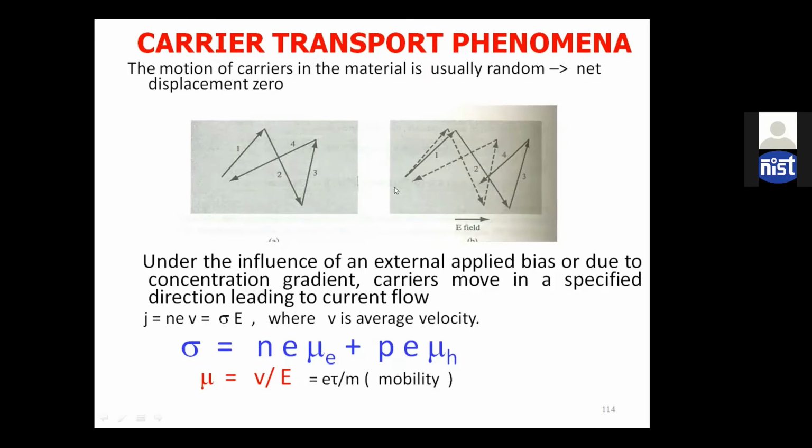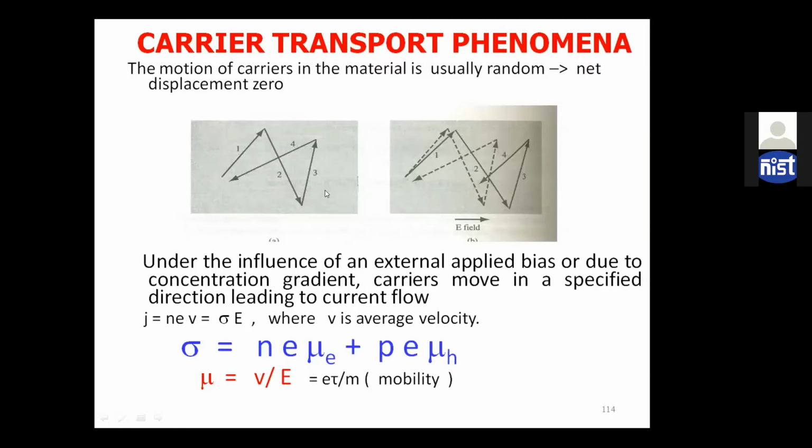So that's why we apply an electric field or magnetic field, or we can increase the temperature, or make a concentration gradient. There are different techniques through which we can get current density in a crystal, which is equal to n e v, that is the drift velocity, or sigma times E. That sigma, the conductivity, is n e mu_e plus p e mu_h, the combination of mobility of electron and hole.